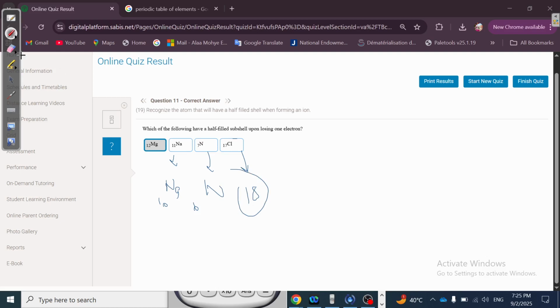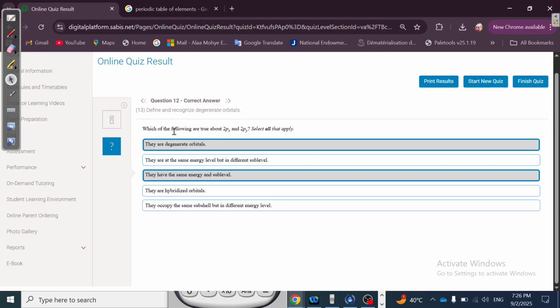You have to be careful on that one. Or no, sorry, what am I saying? No, this is wrong. If it loses one electron, it becomes 16. Sorry, so Cl 16. My bad. But you get the same representation and everything. Moving on.